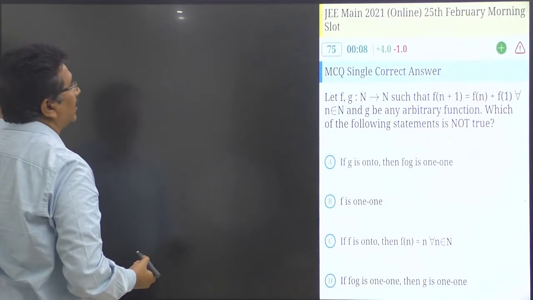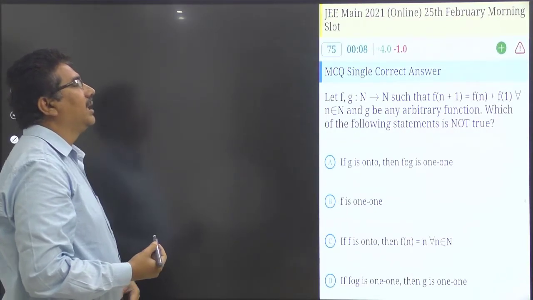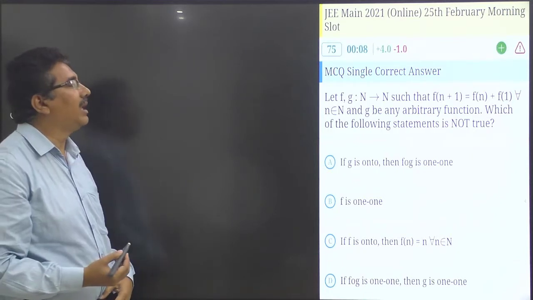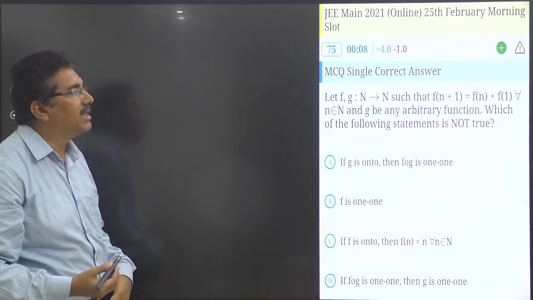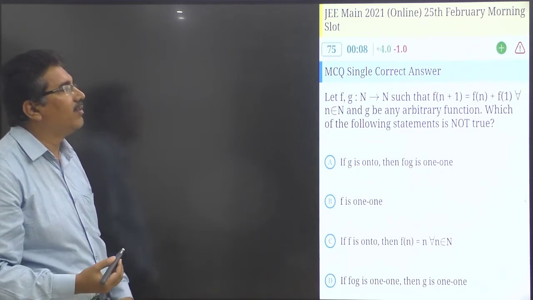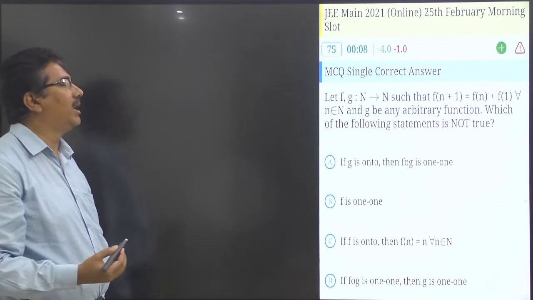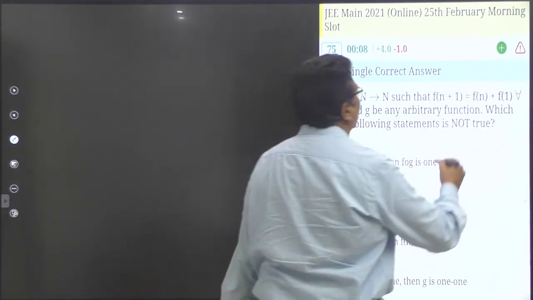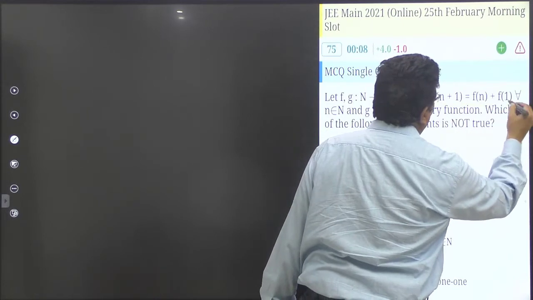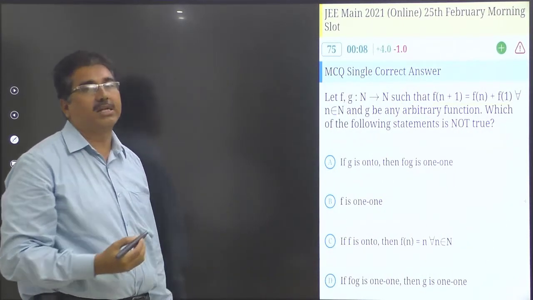Now, next question. Let f, g map from N to N such that f of n plus 1 is equal to f of n plus f of 1 for all n belonging to N. Here f is defined like this, and g is any arbitrary function.